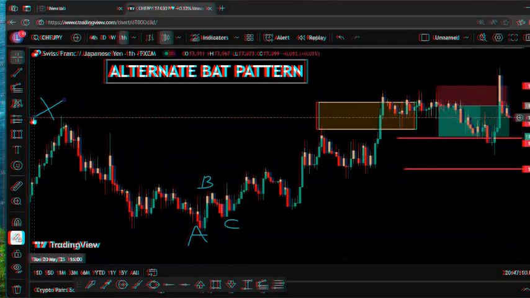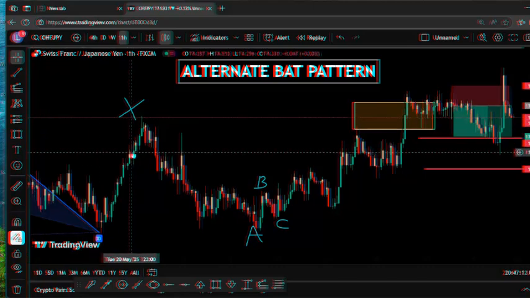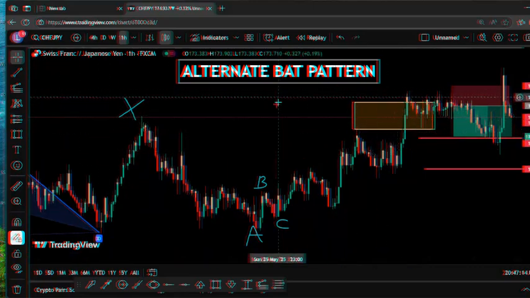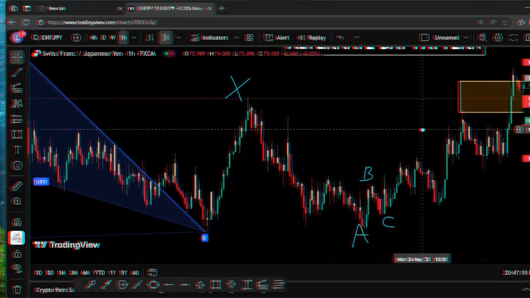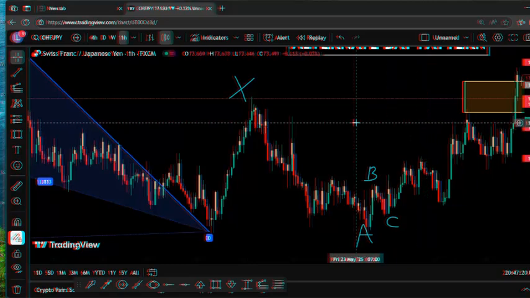So this was how the chart was as I was looking to take the trade.